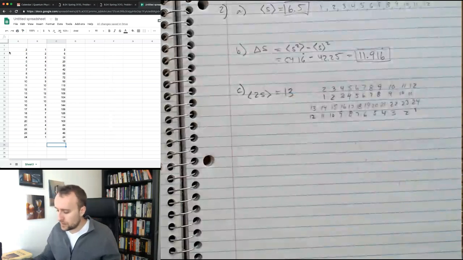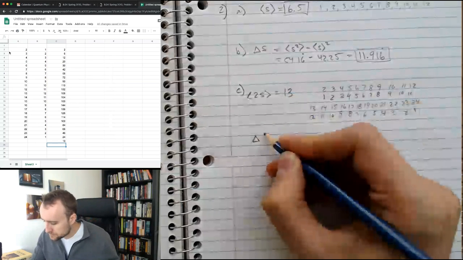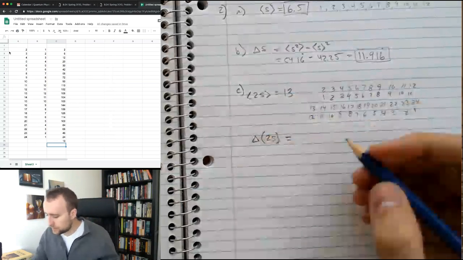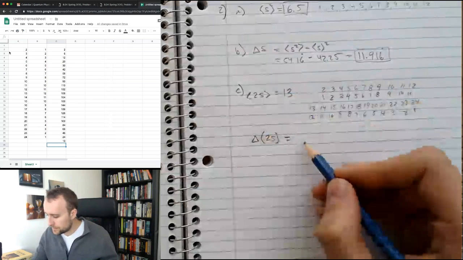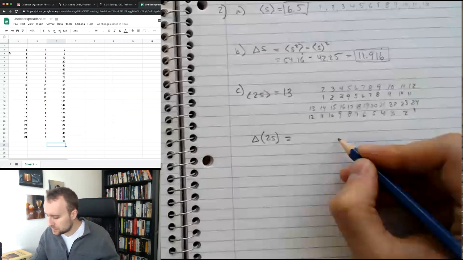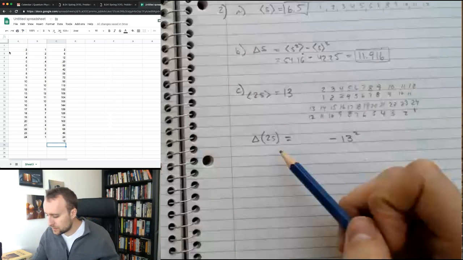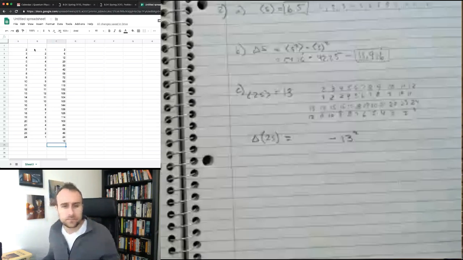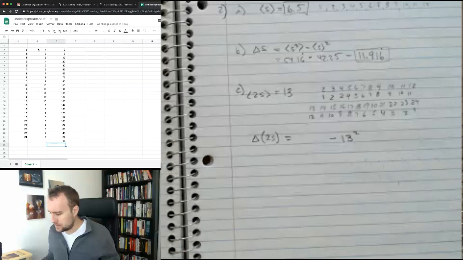So if we want to calculate this, then we need to figure out 13 squared. So it's going to be something minus 13 squared. And what is the expected value of S squared?